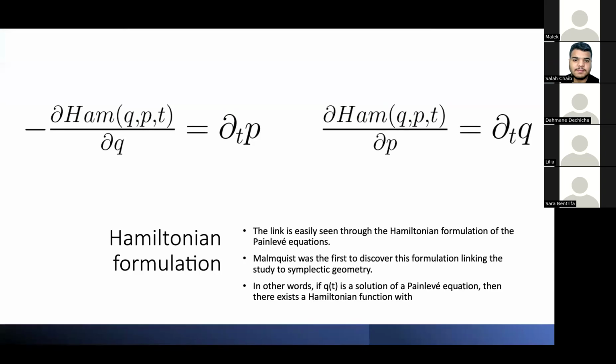If you have a solution q of t of a Painlevé equation, there always exists a function called the Hamiltonian, which gives you q and a dual coordinate called p also. And this was the link to symplectic geometry and Hamiltonian geometry in relation with classical mechanics. This is more or less what we are going to get when we solve the system that I'm going to consider later.